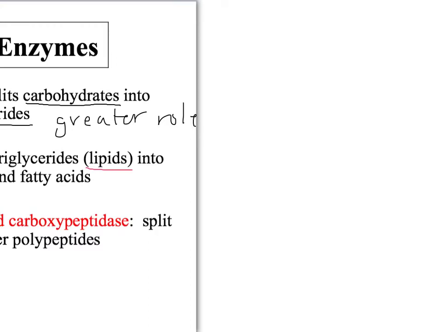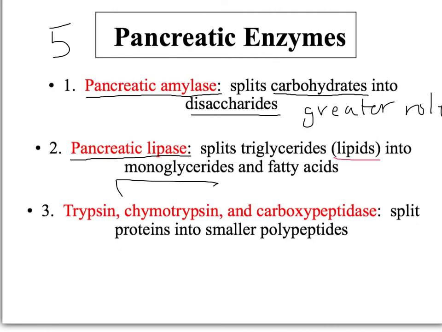So if you didn't have pancreatic lipase, your gastric lipase would actually not be sufficient for you to digest fat. So pancreatic lipase is really critical for you to digest fat well at all.